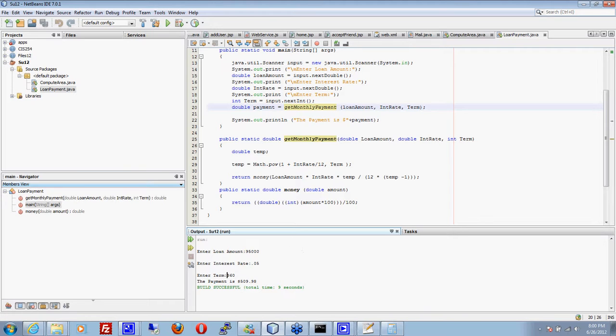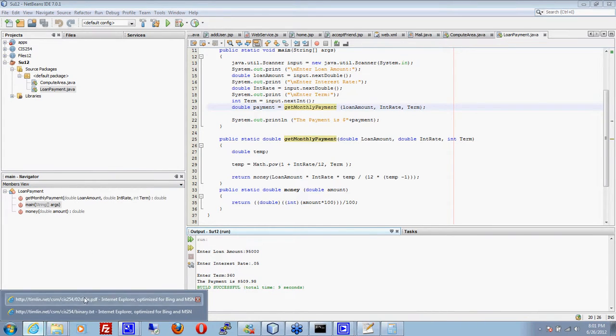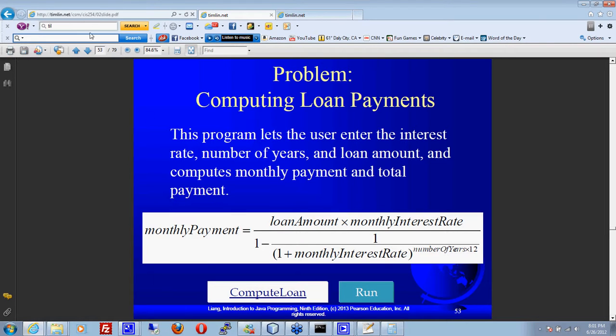No, the problem is you have to cast it. That won't work because it'll cast it. It gets rid of all the pennies. And you don't want to get rid of all the pennies. You just want to get rid of everything after the two spots. So now that wouldn't work. Any other questions? So that was the problem with that one there.